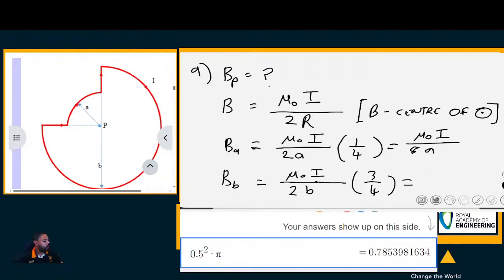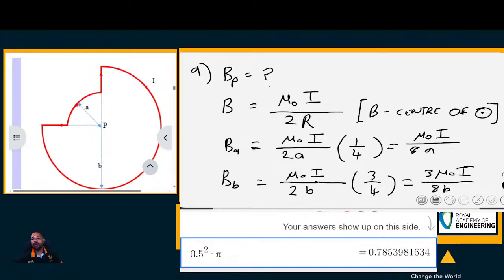If you multiply that all out, it's 3 mu naught I, also going into the page, over 8b. That is the magnetic field due to both of those sections of the circle.